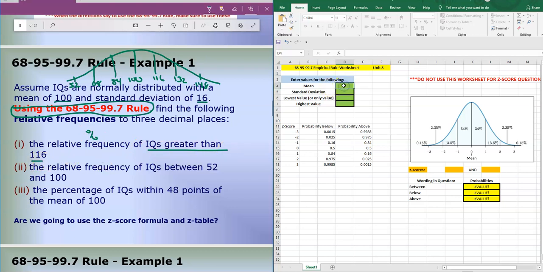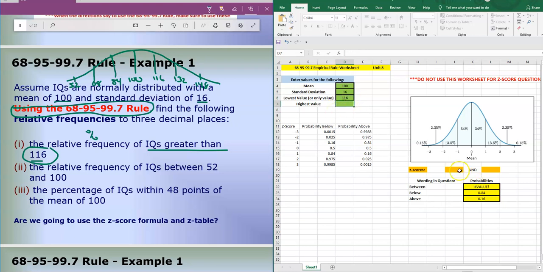Well, I'm just going to come over here, and where it says mean, I'm going to put in the 100. That was given. Standard deviation was 16. And if it says find the percentage of IQs greater than 116, that was the only value provided, so in this third box, I type in the number 116, and I press enter.